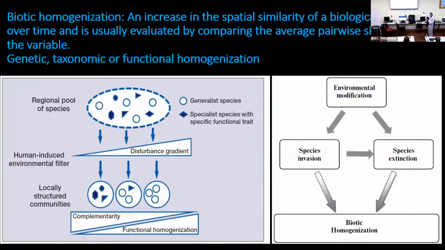What happens with the native species, how certain habitat specialists can be filtered out from the urban environment. And what about biological invasions, or human commensal invasion? That also adds to biotic homogenization. Because of these two phenomena, species invasion and extinction of native species, you could see overall across multiple cities, biological communities becoming homogenized in urban environments.